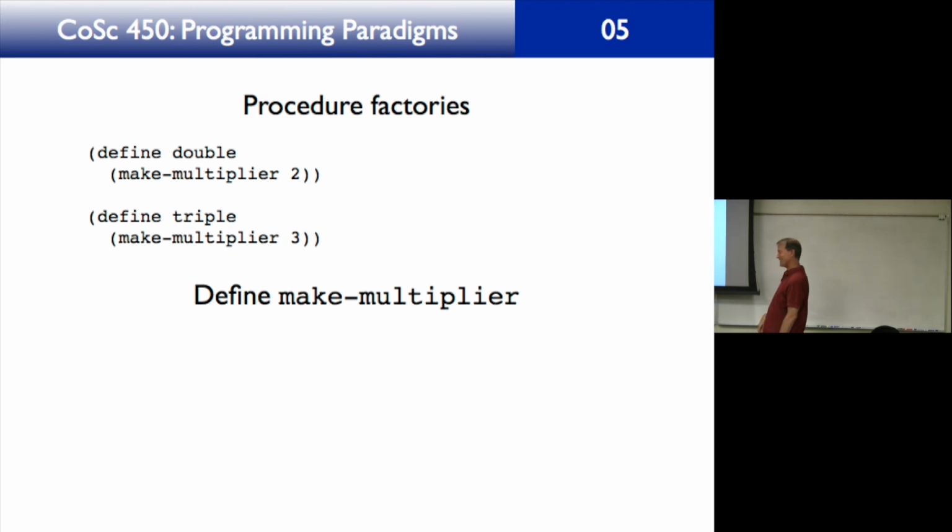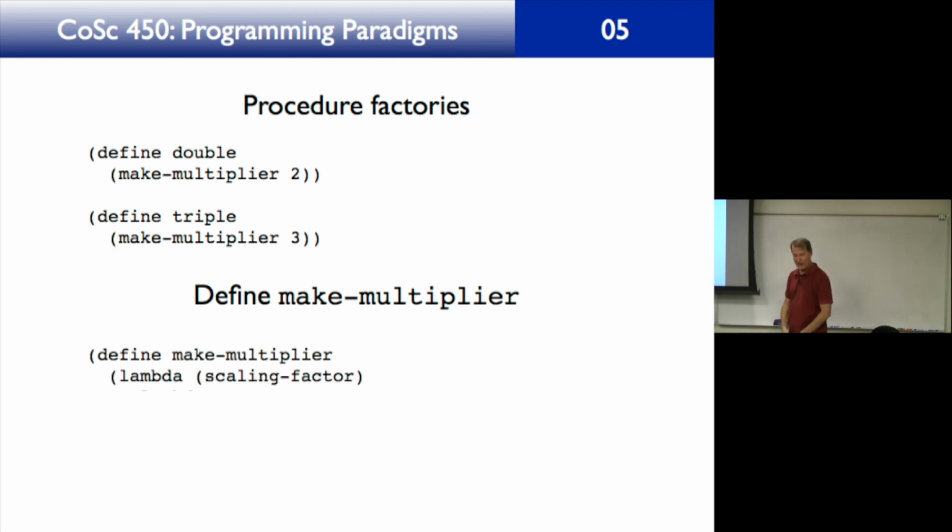Define make multiplier. Good. And now tell me, according to this usage up here, how many parameters does make multiplier have? 1. So what's going to go on the next line? Lambda. And we're going to call it scaling factor. Now, if we can just get this next line, we'll be home free.